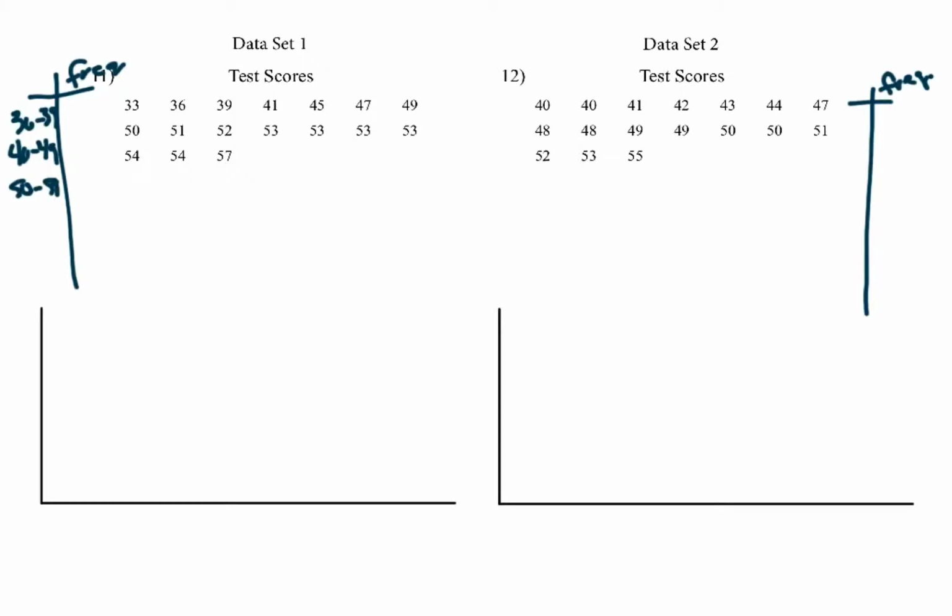Okay, so I'd go 0 to 9, 10 to 20, 30, 40, 50, and 60. And really, if I'm comparing, I want to do the same thing. Same intervals, because it'll help comparing.